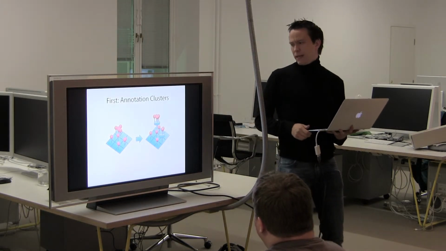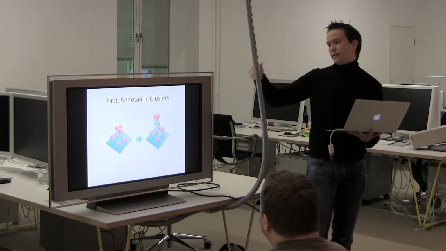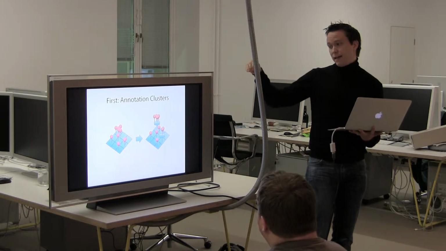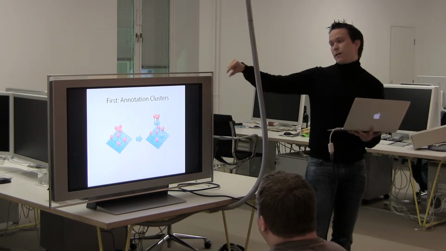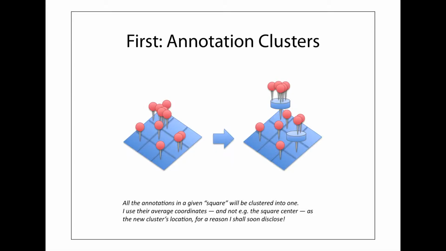So we can start to think that we have these annotations on the map, and we start dividing the map into smaller and smaller cells, and if they are close enough together, based on coordinates being in the same ballpark, or it could be the same address or something, we start clustering them.